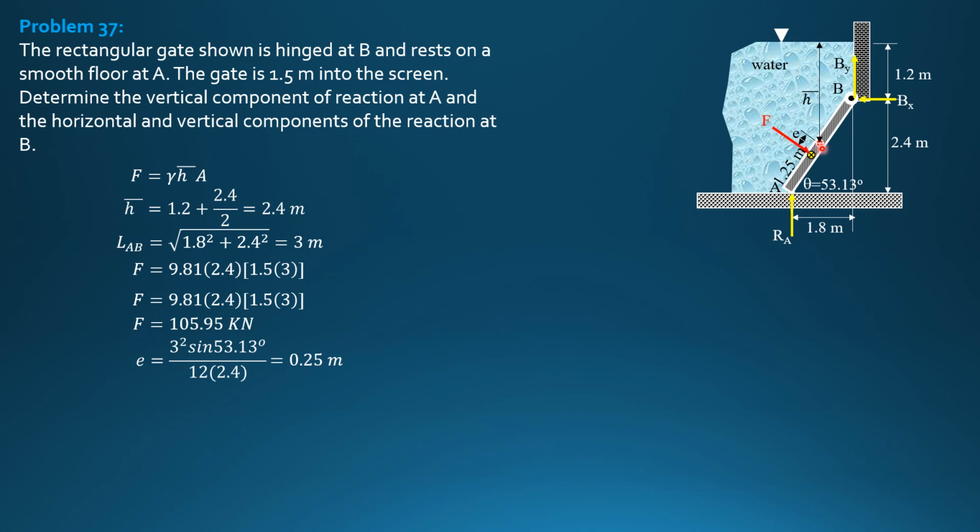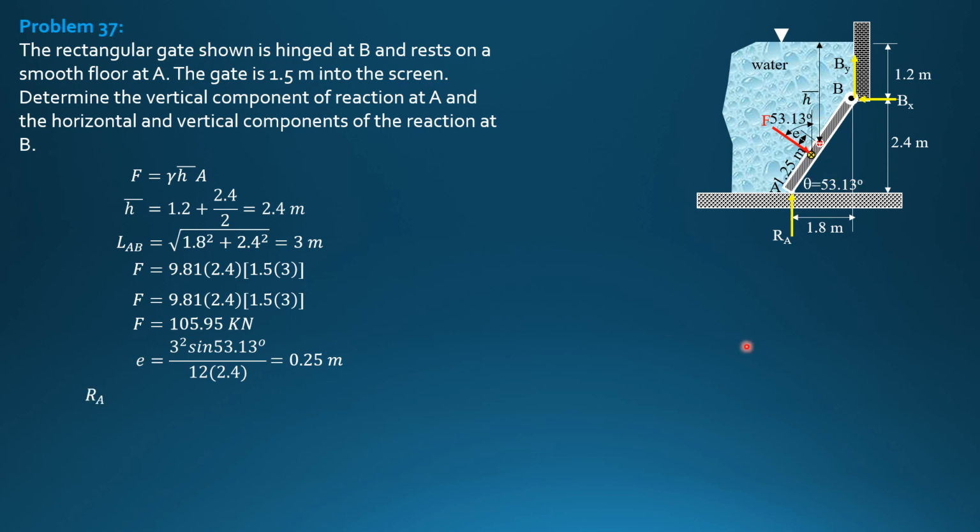While the distance of F from B is 1.75, 1.5 plus 0.25. Summation of moment about B equals 0 to solve for RA. So take note, this is also 53.13 degrees, the angle that F, which is perpendicular to the plane of the gate, makes with the vertical, which is also the angle of inclination.